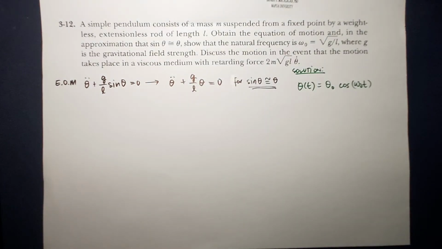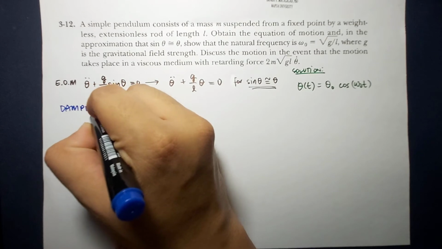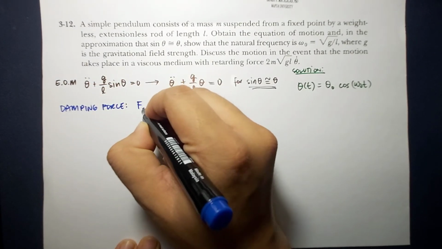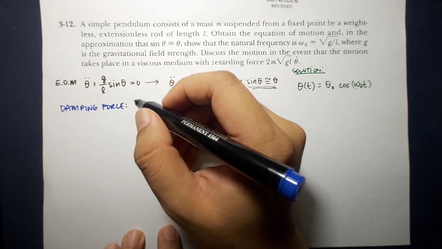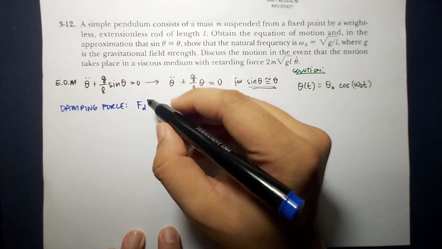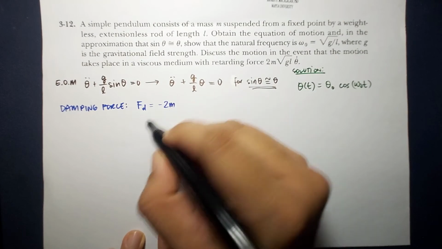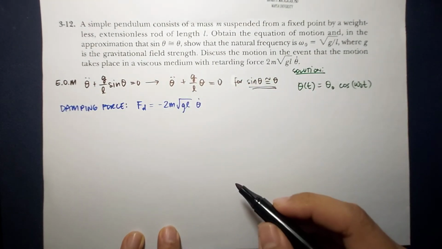Now, if there's a presence of a retarding damping force, a linear damping force, and when we say linear, that's linear in the angular direction, that is equal to negative 2m square root of gL theta dot.